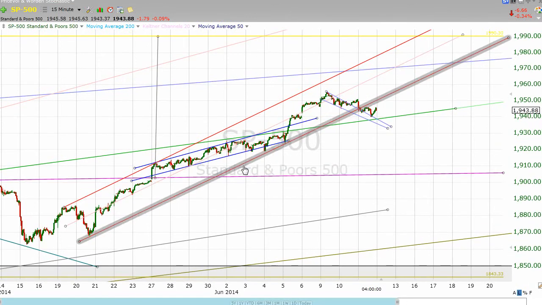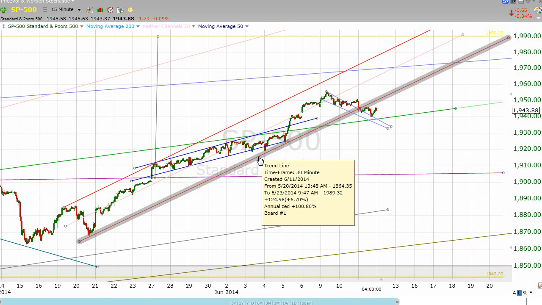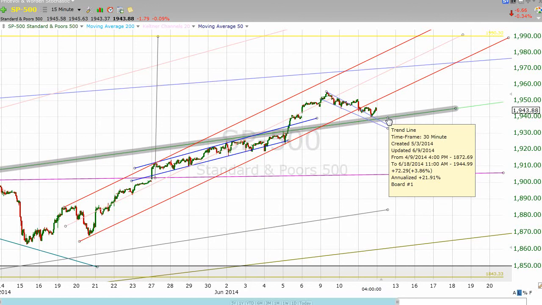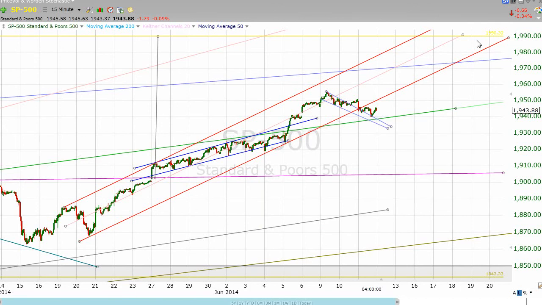So, long story short, this line broke, but I'm not saying that the trend is now broken. I think we may just be consolidating a little bit. I believe we will likely turn up pretty soon. And with that, then we would see that move commence to get us on up to about 1990.